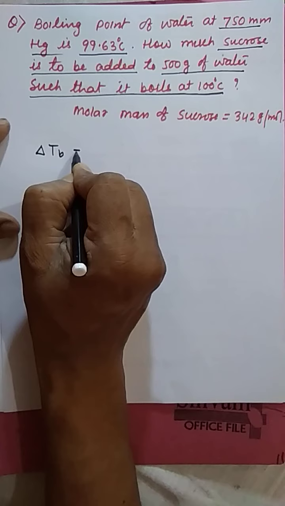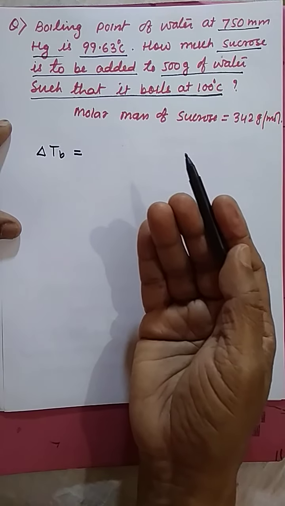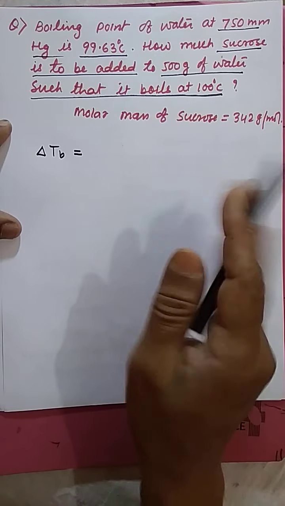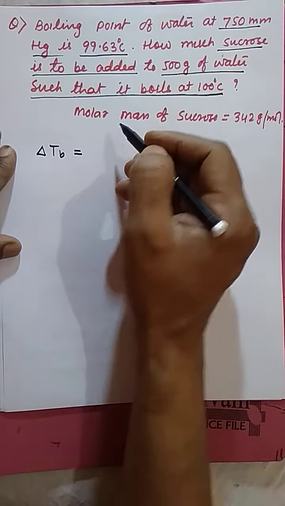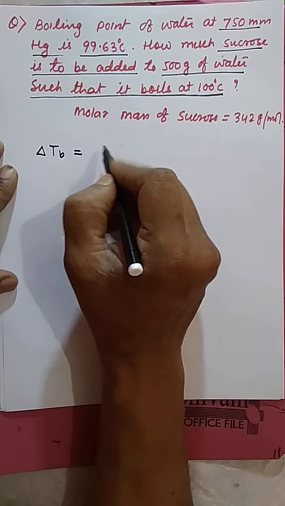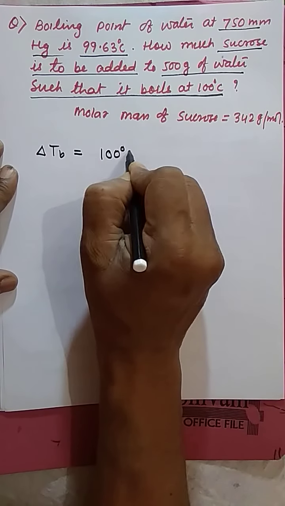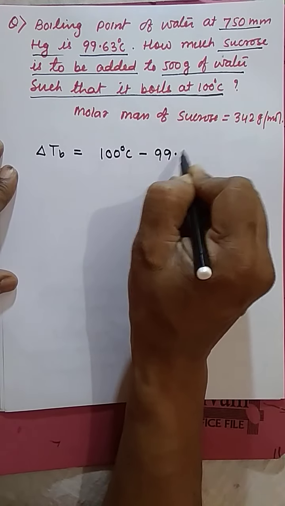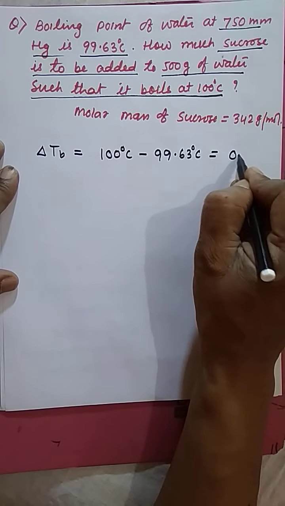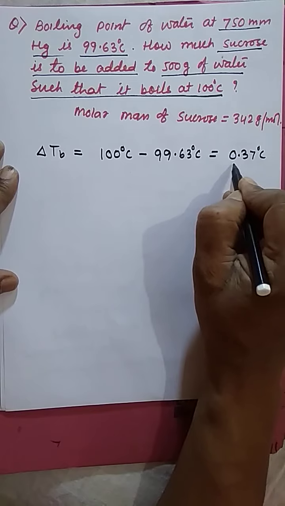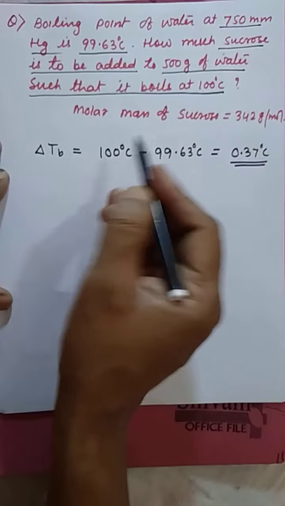Friends, if you have to find the difference between two temperatures, whether it is in degrees Celsius or Kelvin, it doesn't matter, right? But my suggestion is to convert it into Kelvin. So delta Tb is 100 degrees Celsius minus 99.63 degrees Celsius, which is equal to 0.37 degrees Celsius. This is the elevation in boiling point after adding some amount of sucrose.